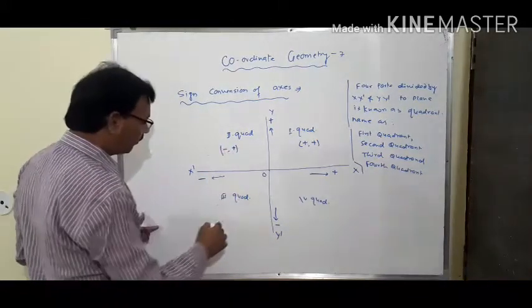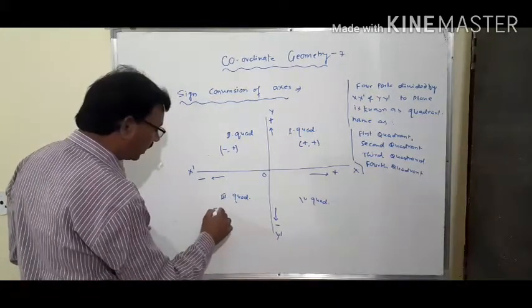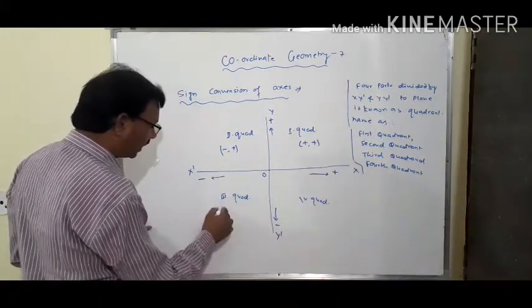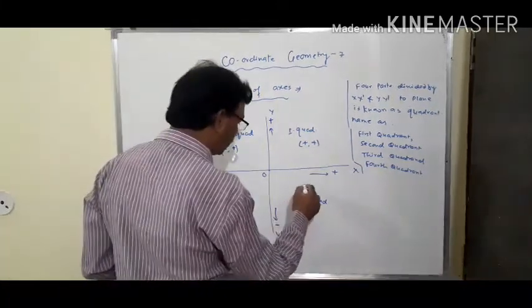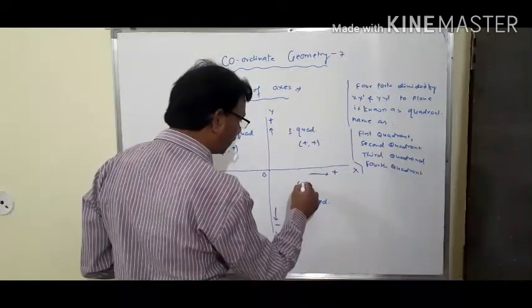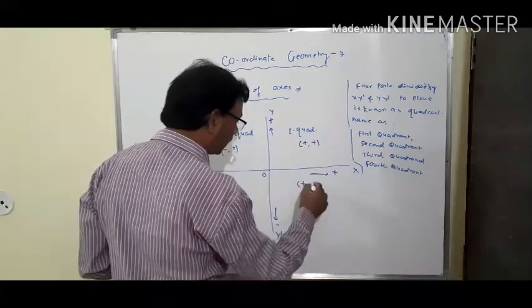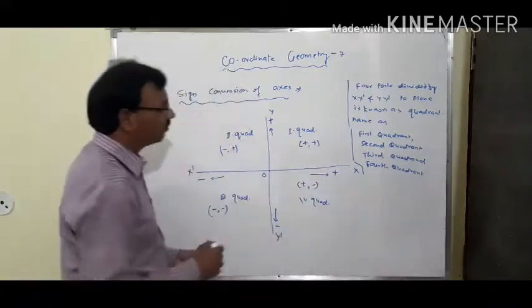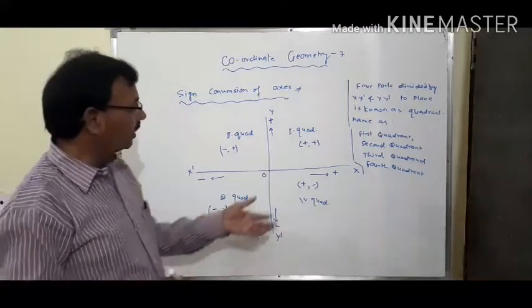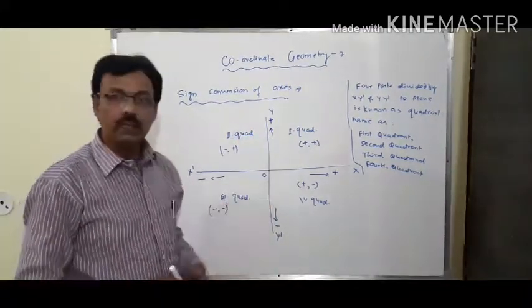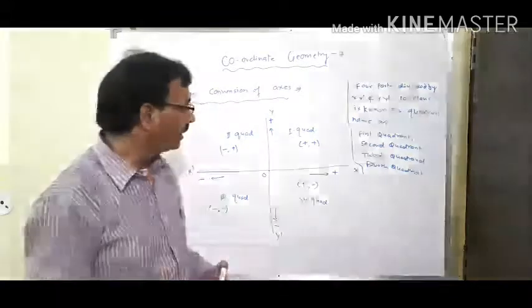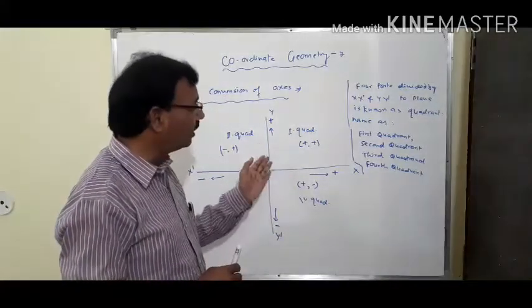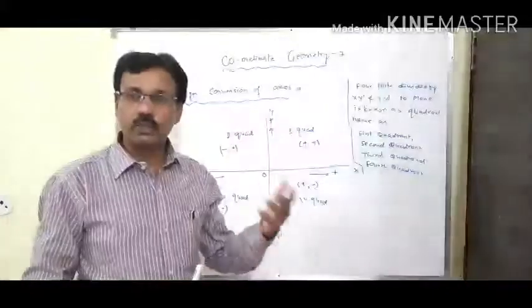In the third, the x coordinate will be negative and the y coordinate also negative. And in the fourth, the x coordinate will be positive and the y coordinate will be negative. That means with the help of this, we can determine the position of any object, in which quadrant or on which axis it lies.